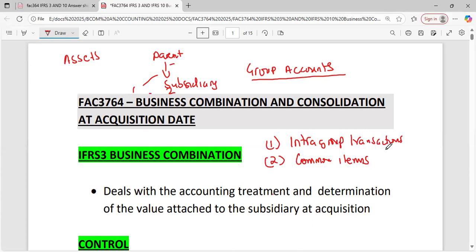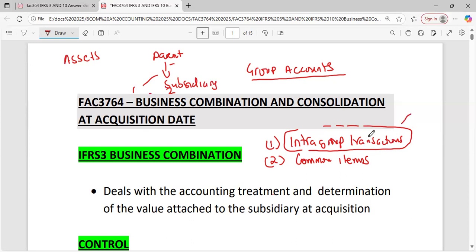You will see as we go that in intra-group transactions, we can have things like selling between the group. The profit that was made when we sell between the group, we call it an intra-group profit.